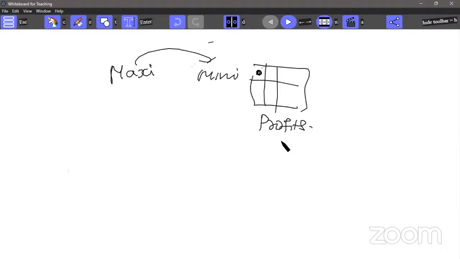Maximization. But we can't solve a transportation problem as a maximization problem. So we need to convert the maximization problem into a minimization problem. Then only we can go ahead. Is that clear? Yes, ma'am. Now we'll go to step 3.